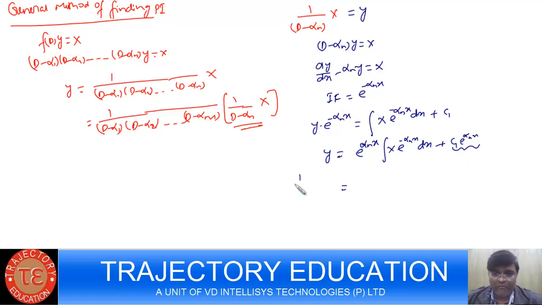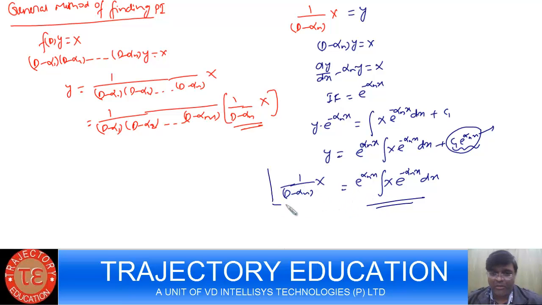So it will be just 1/(D − α_n) x = e^(α_n x) ∫ e^(−α_n x) x dx. This will be the PI. This part will go into the complementary function. I discussed this in the last lecture also. So this is the formula. You remember this.